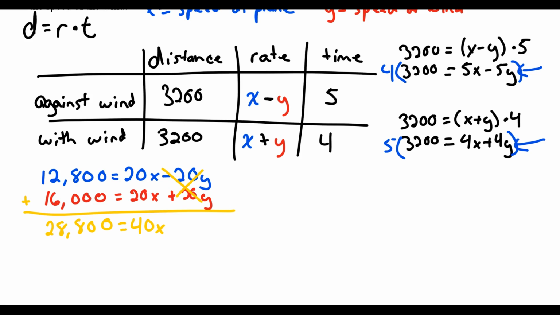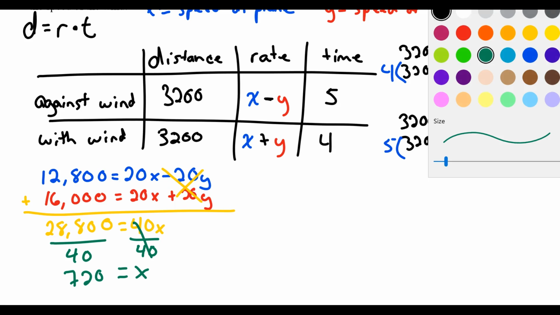I'm going to divide by 40 so that those cancel out. So x is equal to 720. I plug this back into either one of these. Doesn't matter which one I plug it into. So since I'm going for y, I'm going to plug it into the second one.